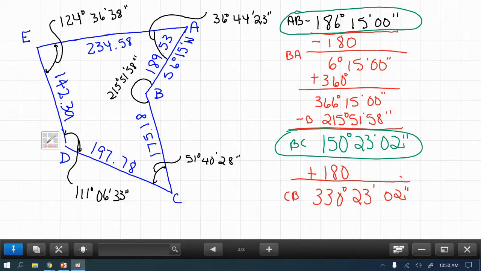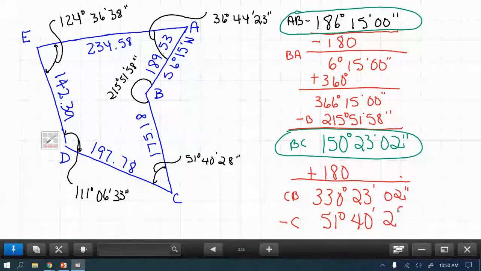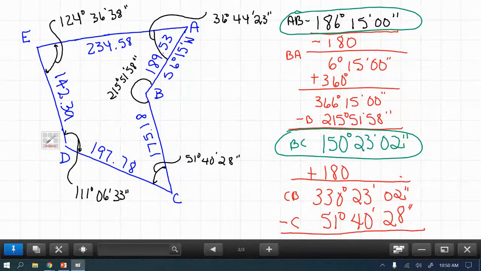And I'm ready now to subtract angle C. I'm gonna have to go to the next chart.